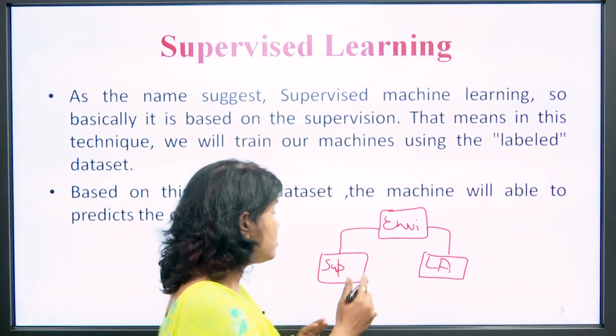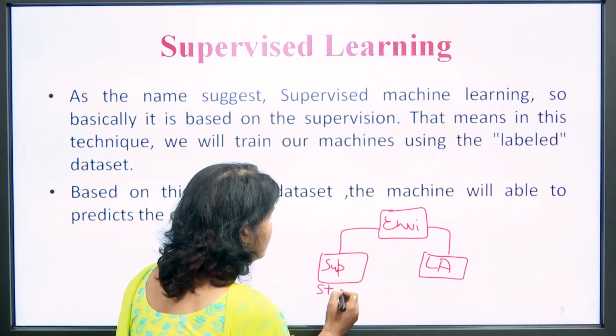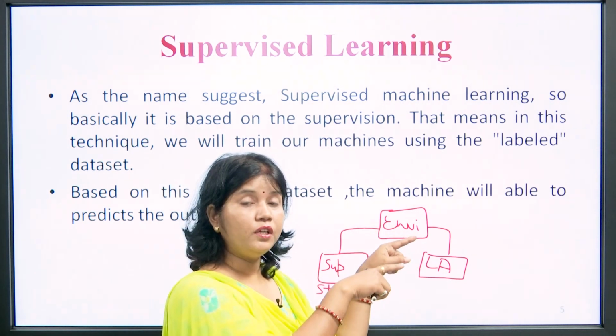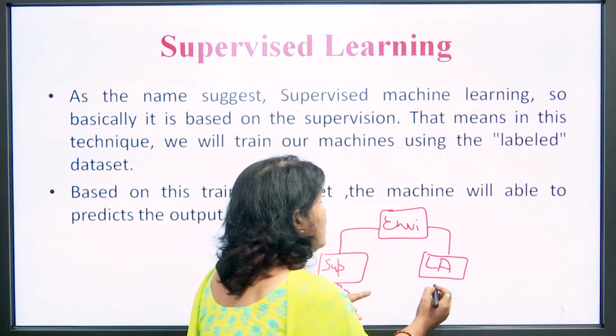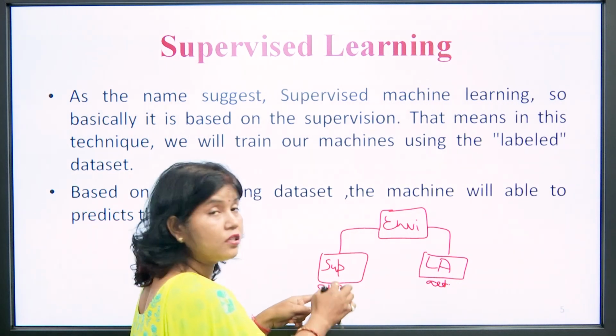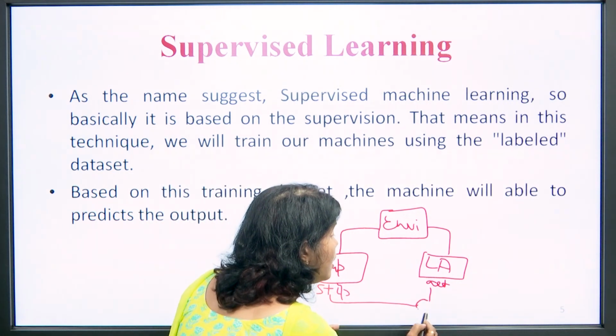The supervisor will have the standard input, and the learning agent, after learning from the environment and from the supervisor, will have an actual output, whatever it may be. So this standard input should be very close to the actual output.